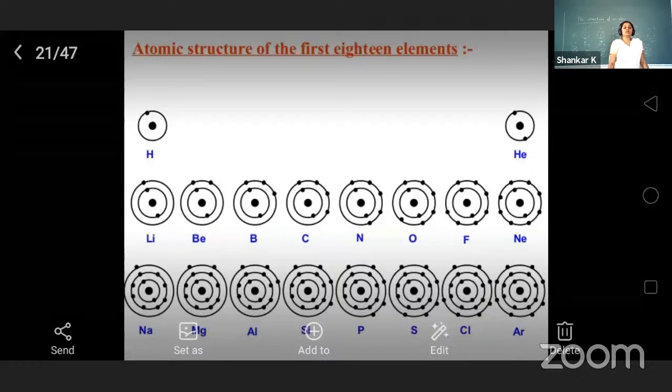Only some elements are used, about 20 to 30. That's why we should know at least 30 elements, their valency, atomic number and atomic mass.